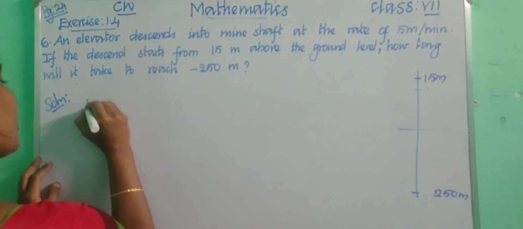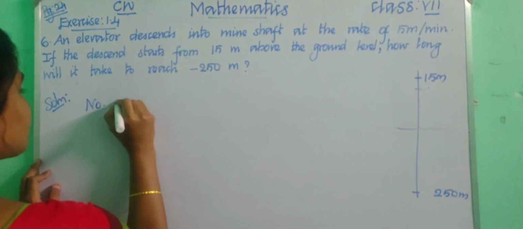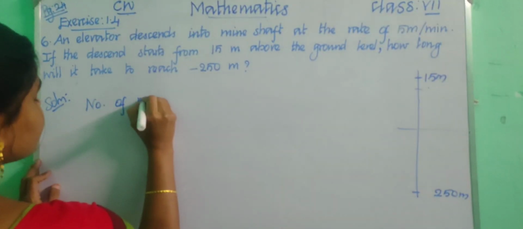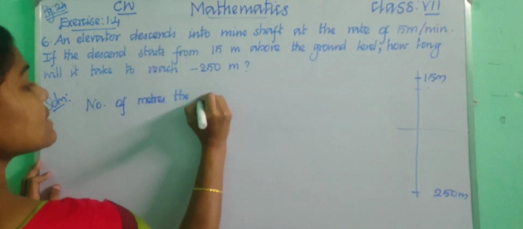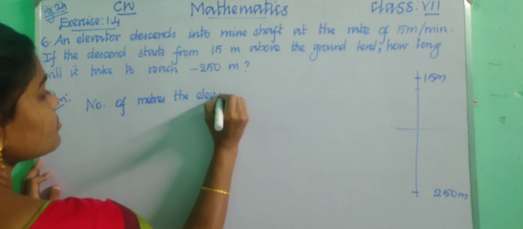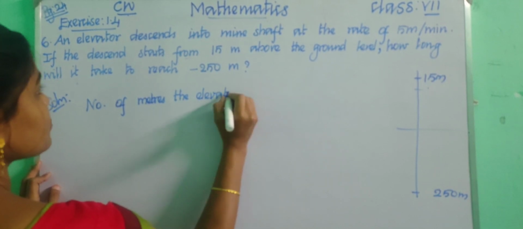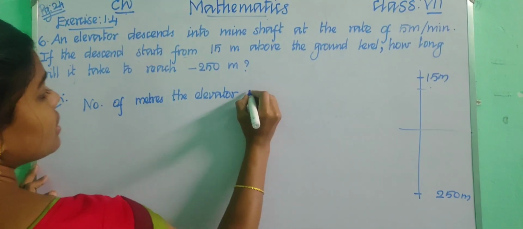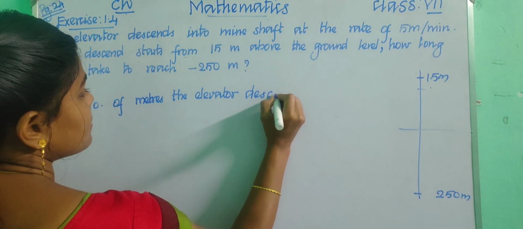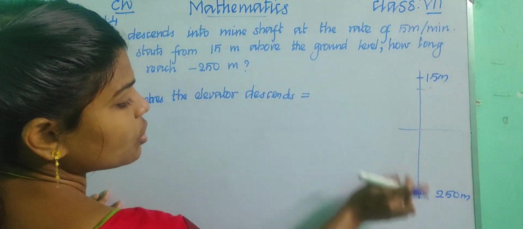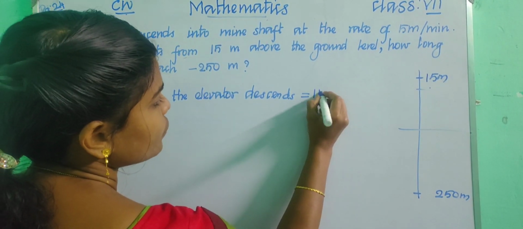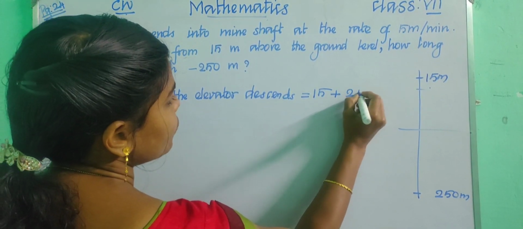So first of all, number of meters. The elevator descends equal to, okay, so we can add, right? So 15 plus 250.